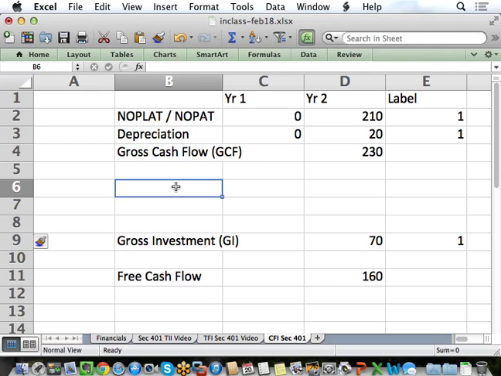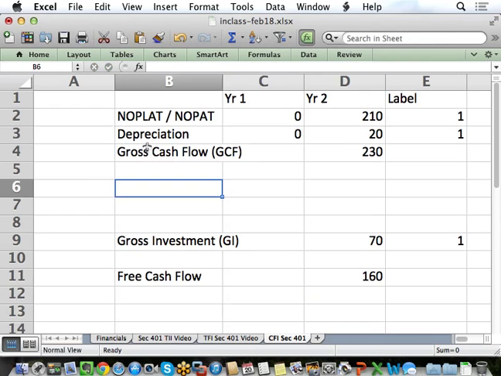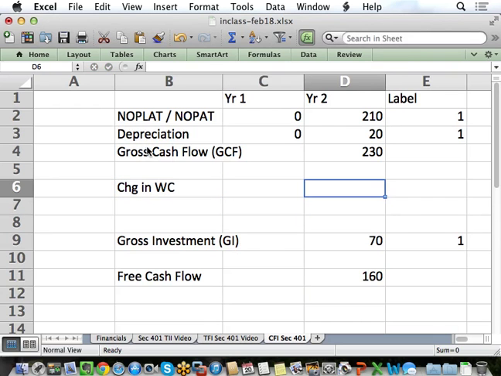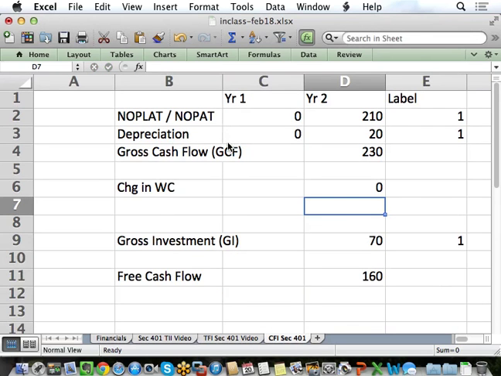So in this case, if I go to my TFI, I look at anything that's a 1 in the balance sheet: inventory and accounts payable, which I've netted as working capital. So really, what it's going to be is my change in working capital. And working capital went from 75 to 75, so current year minus previous year, there was no change in working capital.